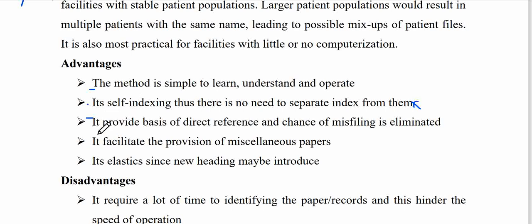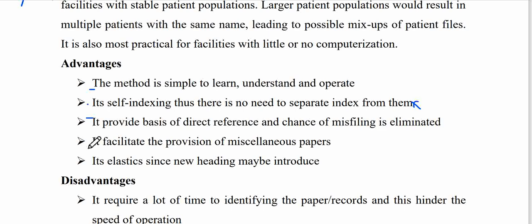In a situation whereby before you can issue the patient's card or maybe open a new file for them, you may need to first of all check through every file. Is the name of the patient not there? Is the record number not given? All that. You may need to look at all that. But it's not necessary when it comes to filing alphabetically.